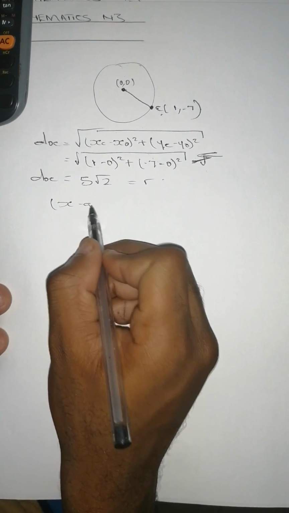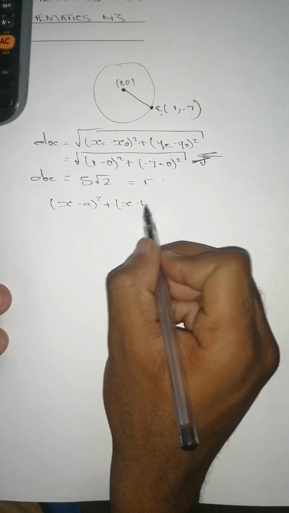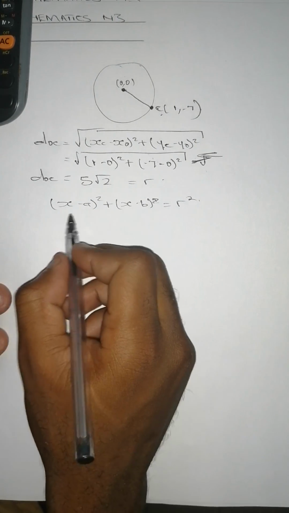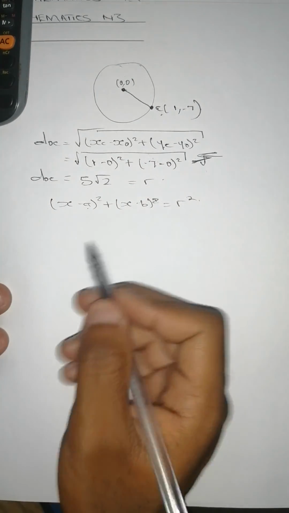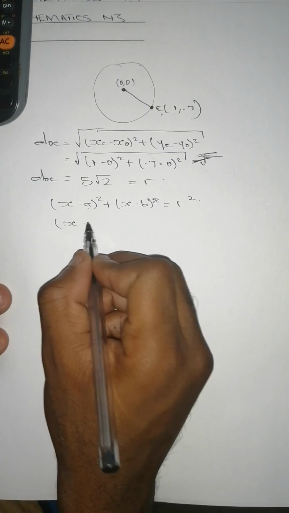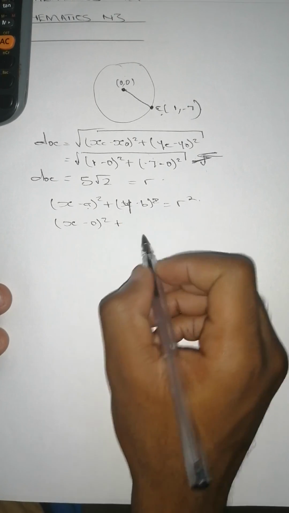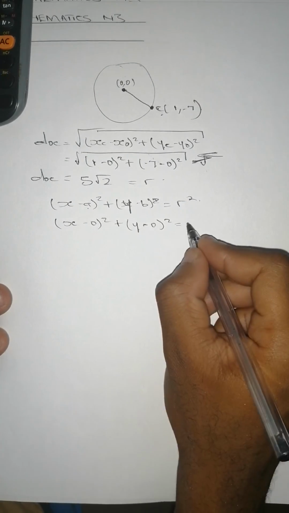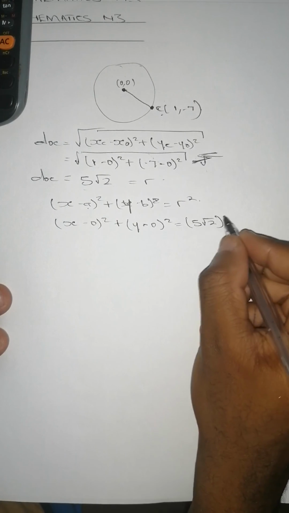is (x minus a) squared plus (y minus b) squared equals R squared, where a and b are the center's coordinates. So with ours, the center is (0, 0), so it's going to be x minus 0 squared plus y minus 0 squared equals our r, that's 5 square root 2, squared.